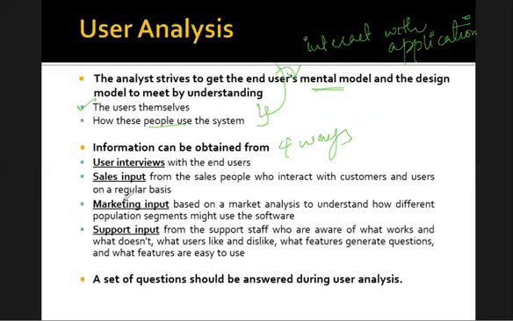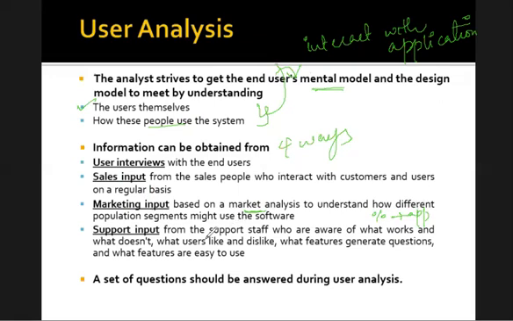The next is marketing input. This marketing input is based upon the market analysis. That is how much percentage of people are interested in some specific technology or in a specific application. That is called your marketing input. Then you've got the support input.